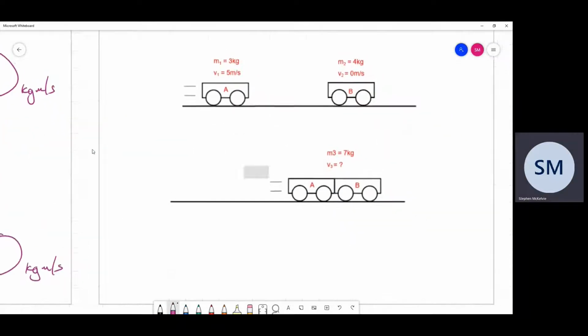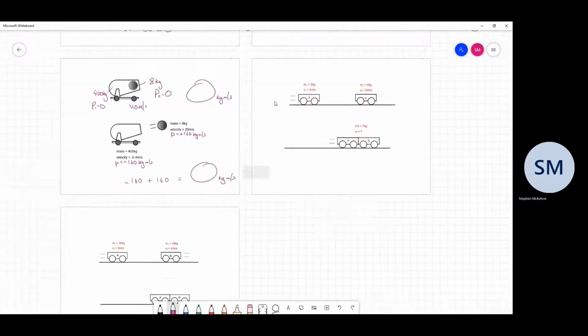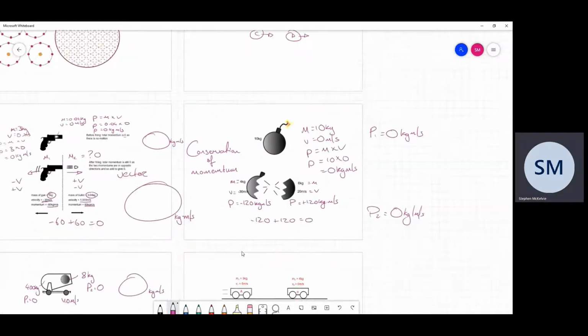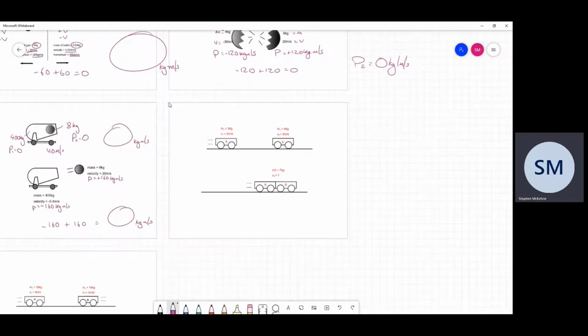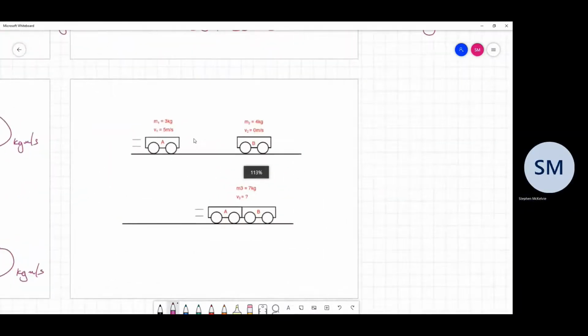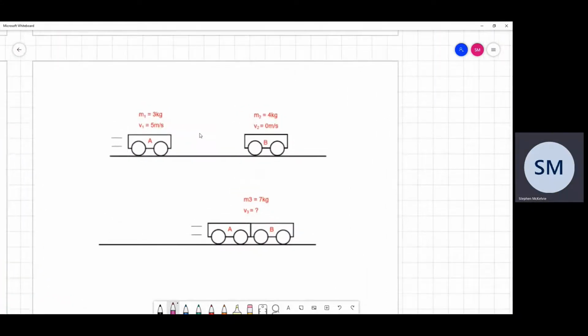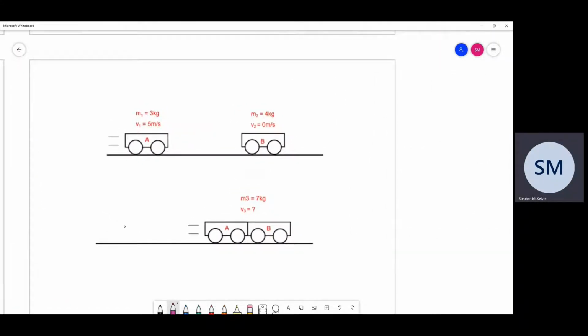It doesn't always work like that. Sometimes we can have situations where we have one object that's moving and another object that isn't moving. So M1 is 3 kilograms, V1 is 5 meters per second.